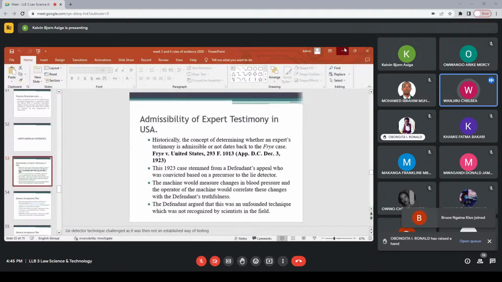I wanted to mention that we mentioned earlier the admissibility test of evidence, and we said that admissibility is basically the credibility. I thought also to add that it also talks about compliance with the procedure or process through which evidence goes before it can be admitted in court.